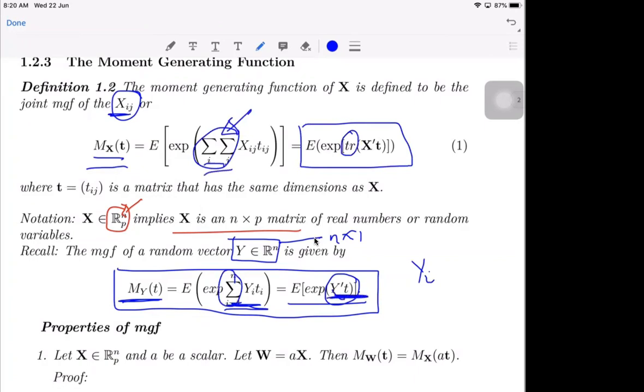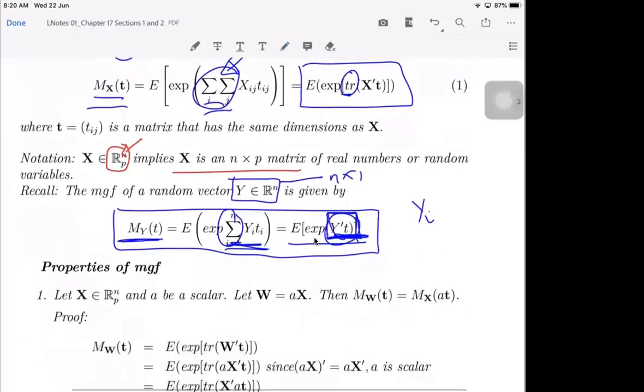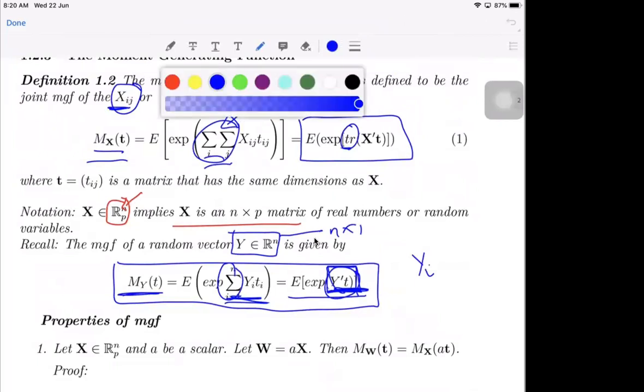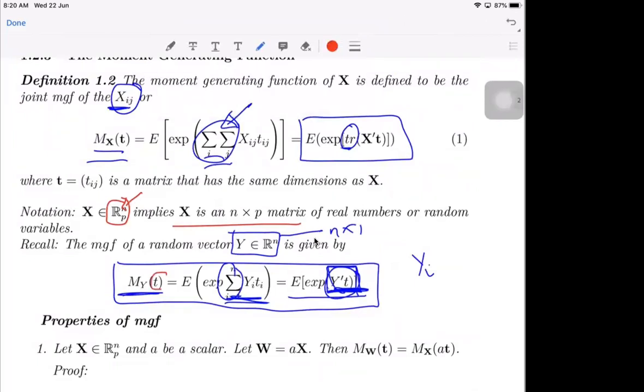Instead of y prime t, it will be the trace of x prime t. So that's the difference between the univariate case and the multivariate case. Take note, similarly to the univariate case, the dimension of t here should be the same as the dimension of x.